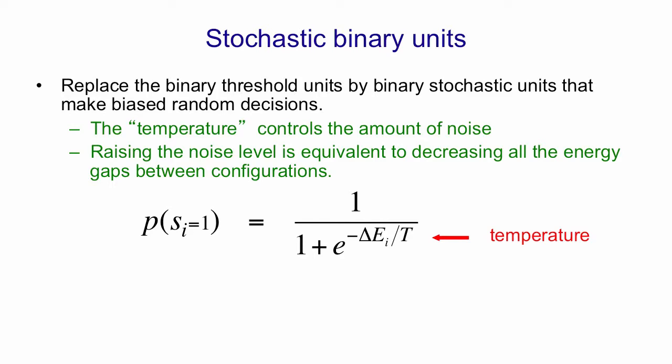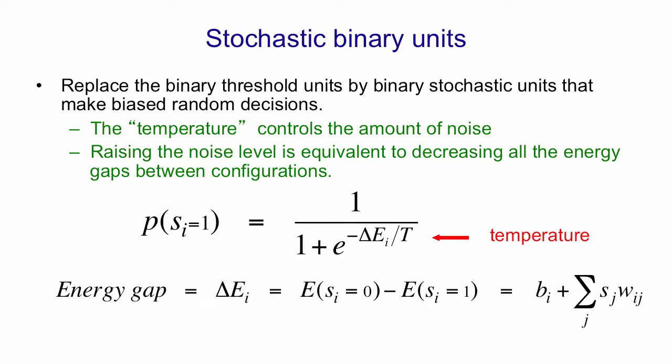At 0 temperature, which is what we're using in a Hopfield net, the sign of delta E determines whether the right-hand side goes to 0 or goes to 1. So it'll either be 0 or 1, and the unit will behave deterministically, and that's a binary threshold unit that will always adopt whichever of the two states has the lowest energy.